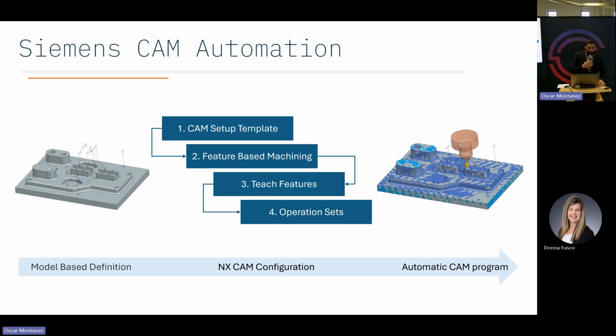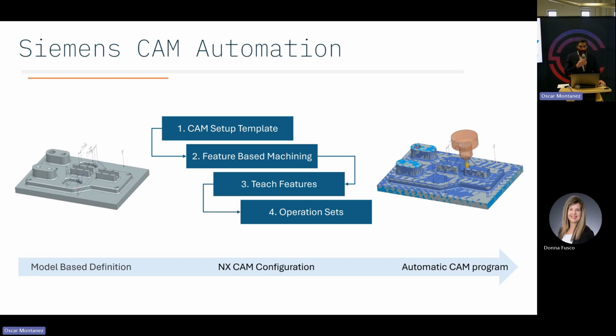We can set up a template that you can load up every time you're producing a part on that particular machine, but the template can actually hold operations. So it can hold a roughing operation, a semi-finishing operation, even down to a finishing operation if you choose to encode it within the template. And I'll show you step by step how we do that.